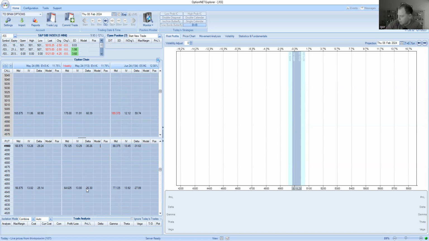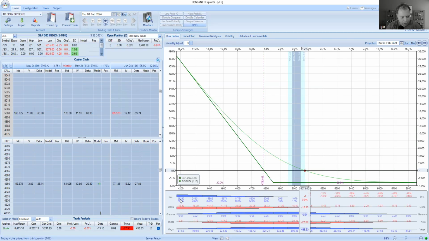All right. Let's see. The long put debit spread is at 48.50, so let's go ahead and model that. I'm long one 48.50 put. I am short one 4,800 put.